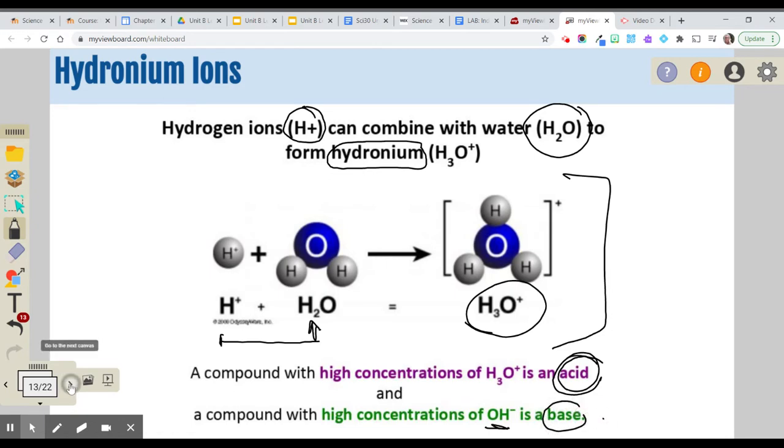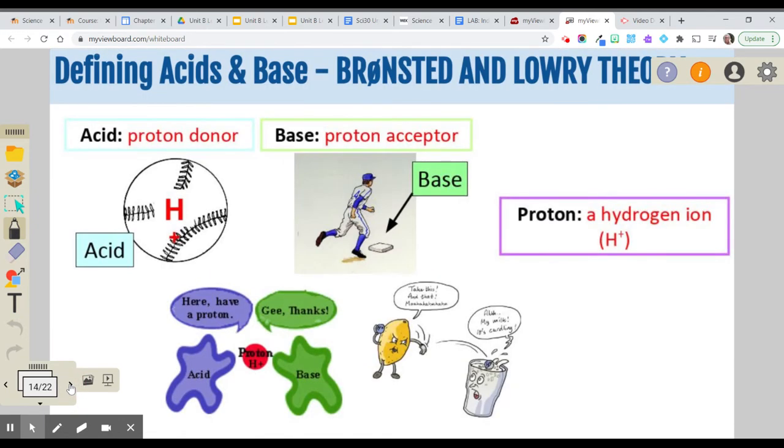So we have a new definition here, and this is using Bronsted-Lowry theory. This is where we're using the idea of who's donating the proton, who's accepting the proton, and that hydronium ions are present when we have an acid.